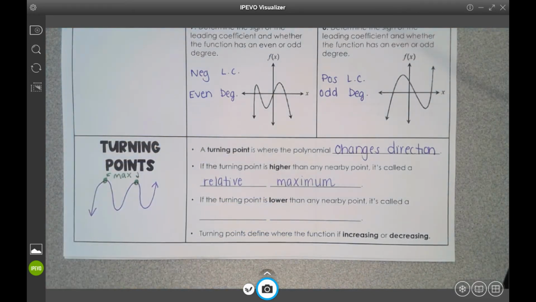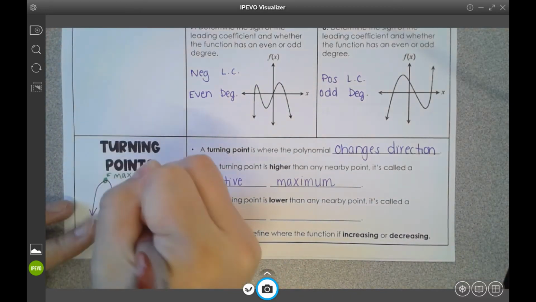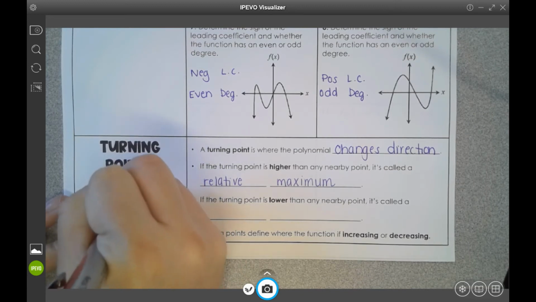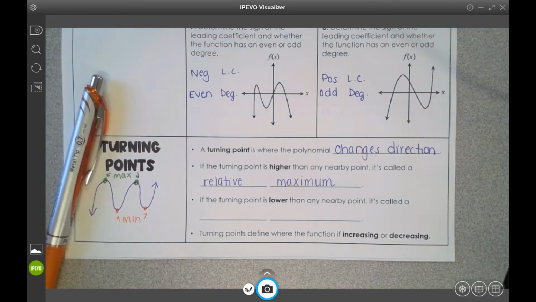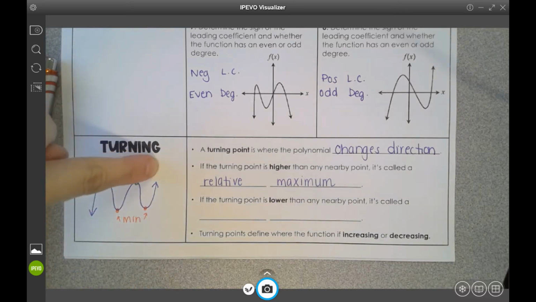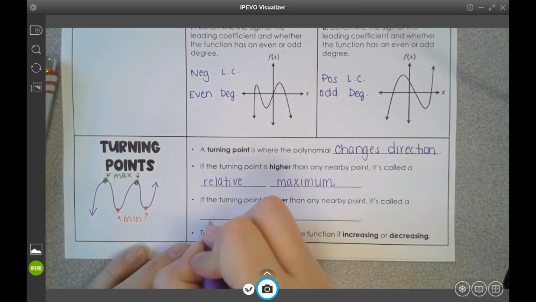Yes. So the ones in between, the low ones, will be turning points too, right? Yep, but they will be considered minimums, relative minimums. The reason for the relative part is that, because your graph goes up forever, they're technically not the highest point you could ever find. It goes up forever. It's infinite. But we call them relative.